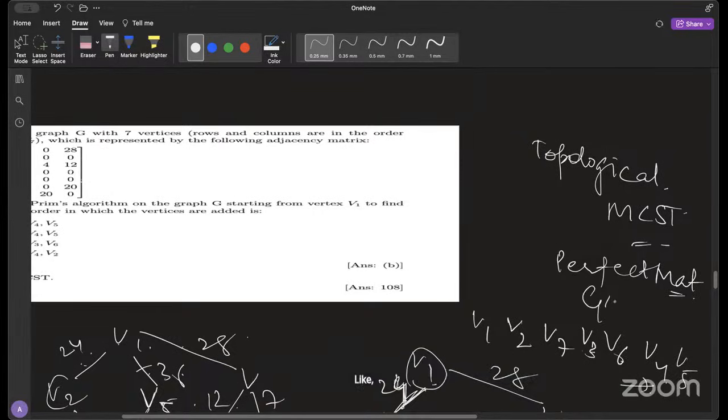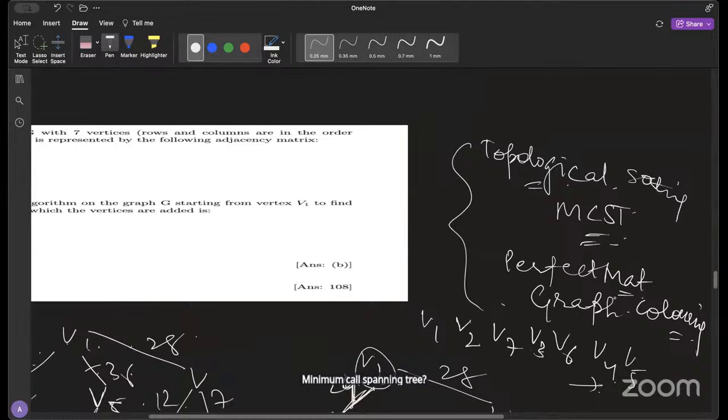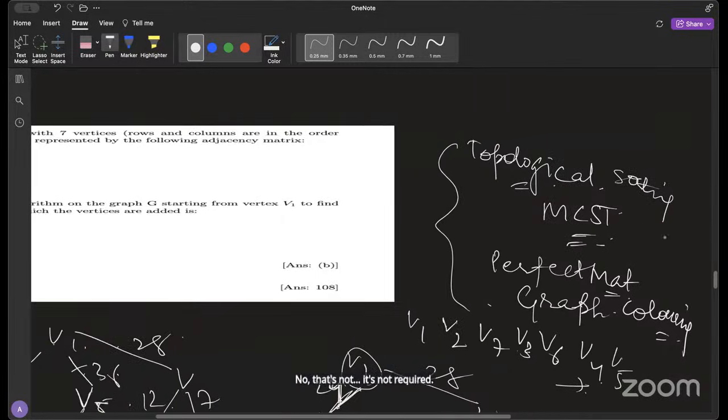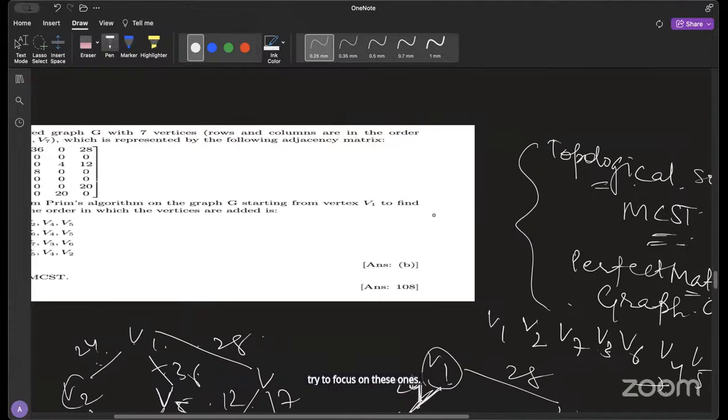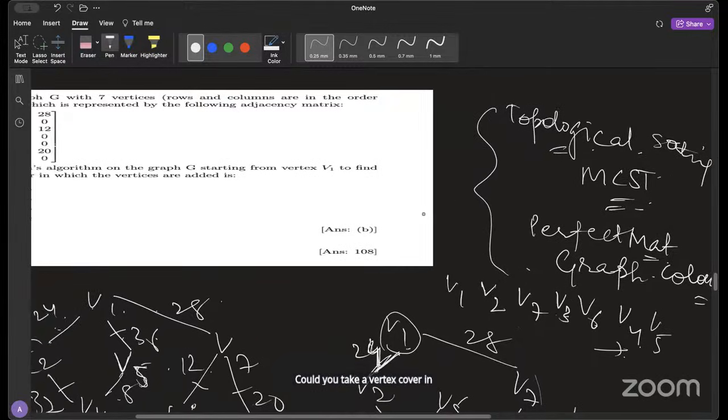From the PYQs I did from graph theory, MCST was the most, and then graph coloring and vertex cover. Try to focus on these: topological sorting, minimum cost spanning tree. Longest paths in DAGs, it's not required. Could you take vertex cover in the last? Yeah.